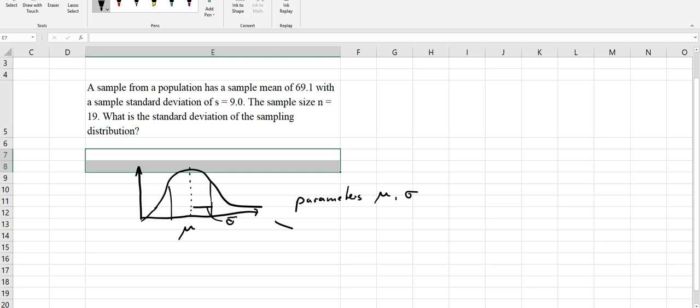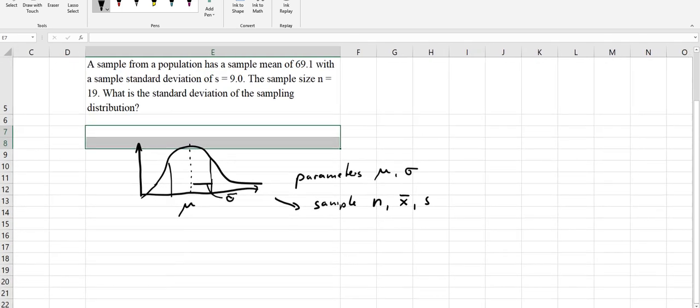And now I can draw samples from that. I just simply take a sample of this population, and this sample would be characterized by the sample size. It would be characterized by the mean of the sample, that's the x bar, and it would be characterized by the standard deviation.